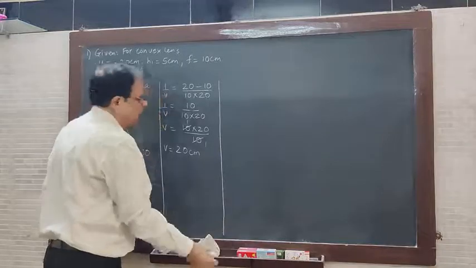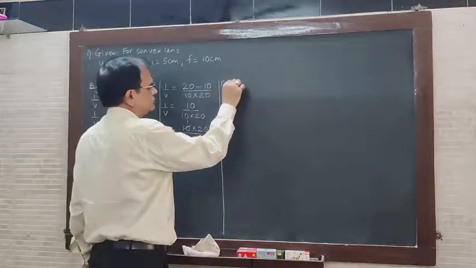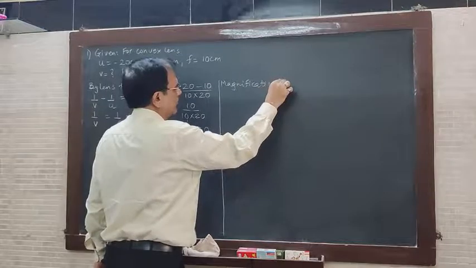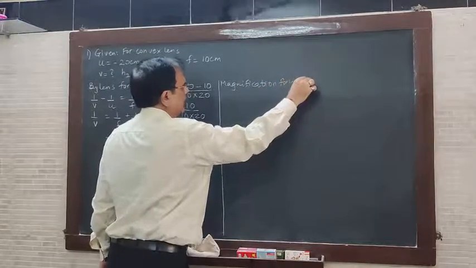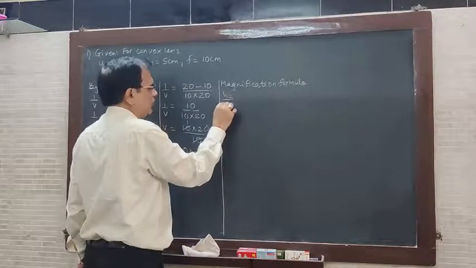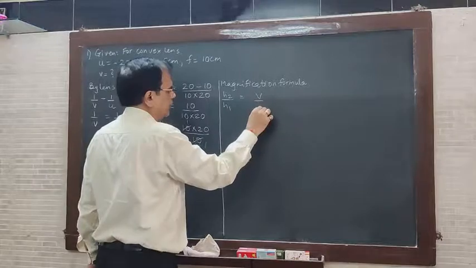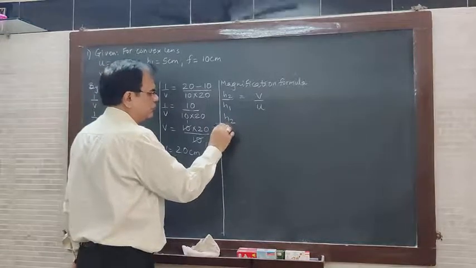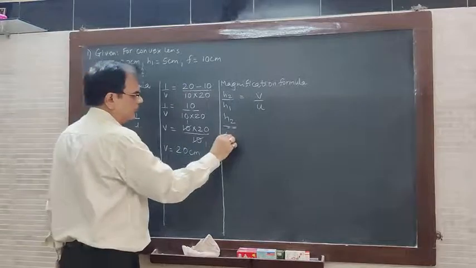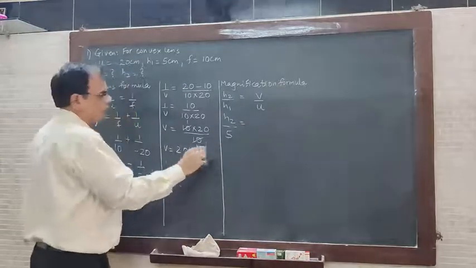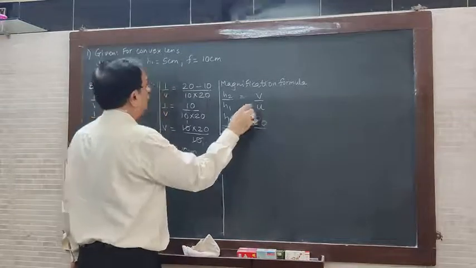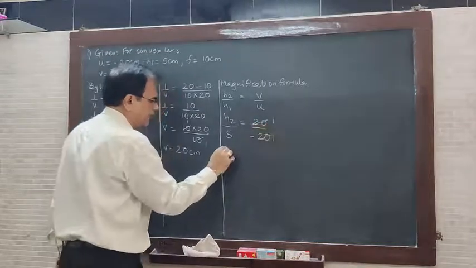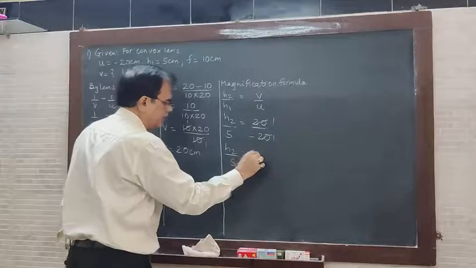Now we use the magnification formula. Magnification formula, h2 upon h1 is equal to v upon u, right? h2 we have to find out. h2 upon h1, which is 5, is equal to v, 20, upon u, minus 20. 20 ones are 20. h2 upon 5 is equal to -1.